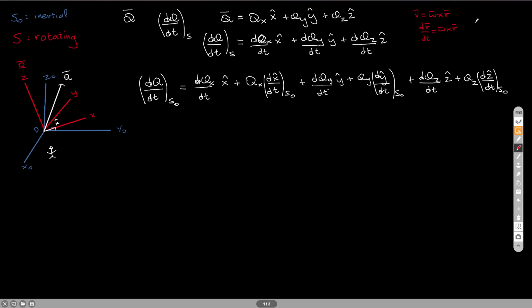So, for example, if you have a different vector, whatever you want to call it, dA dt equals omega cross A. Now in this case, I have dx hat over dt, so this is going to be simply omega cross x hat.